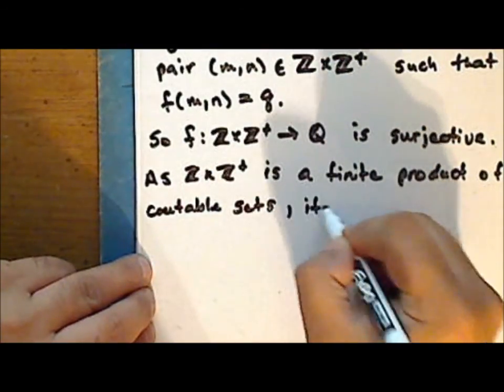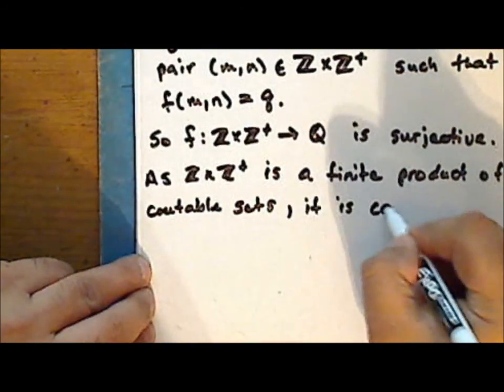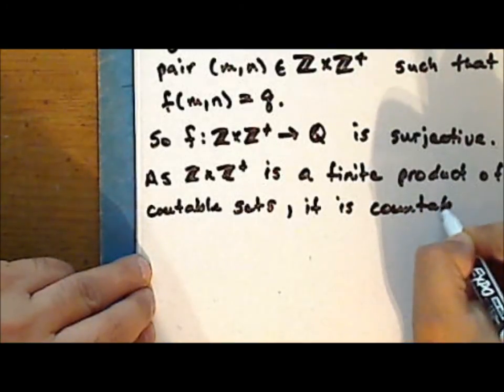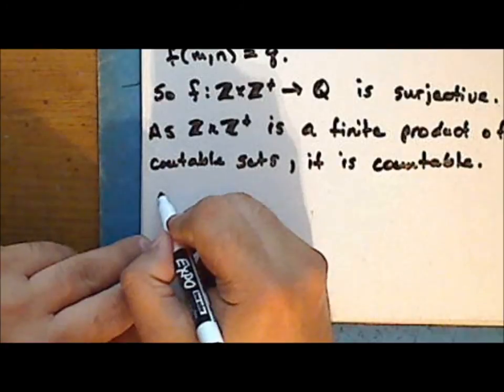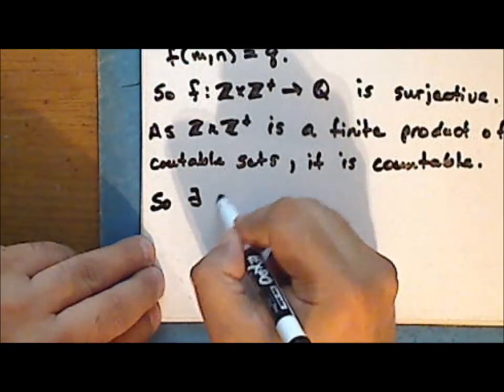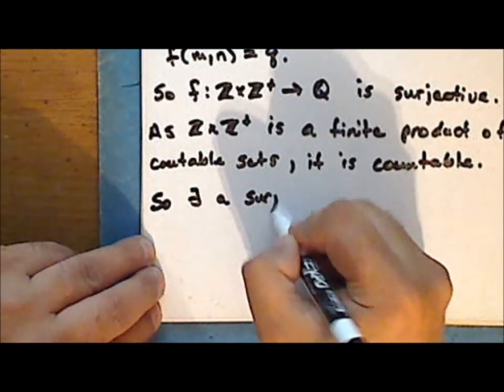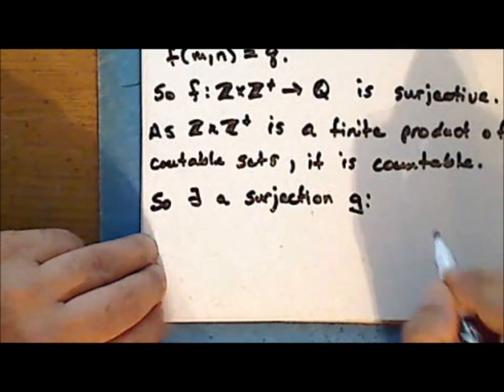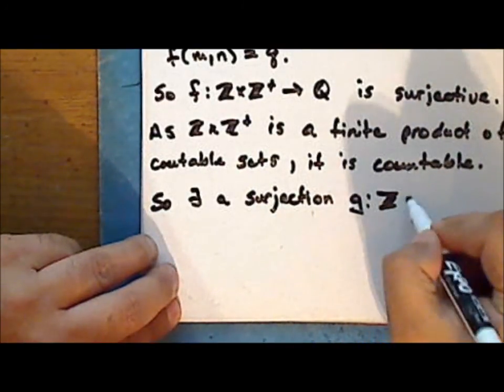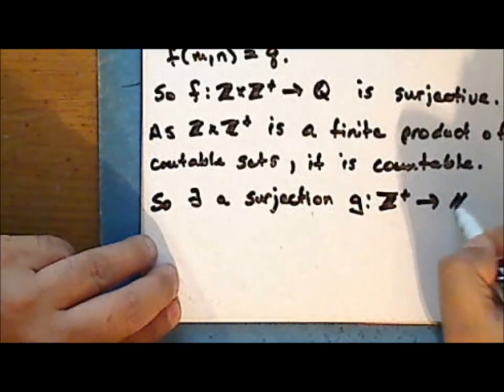It is countable. And so, as it is countable, there exists a surjection, which we'll call g, mapping the positive integers onto this product.